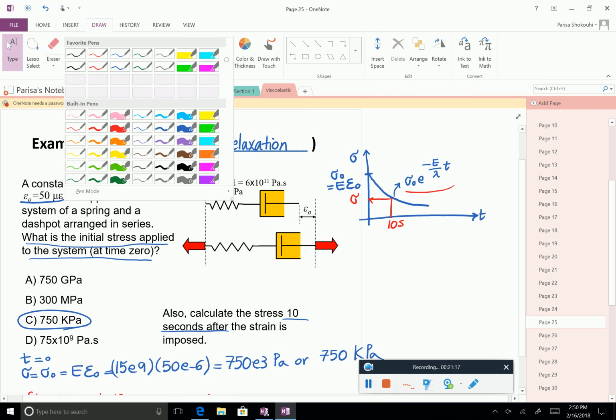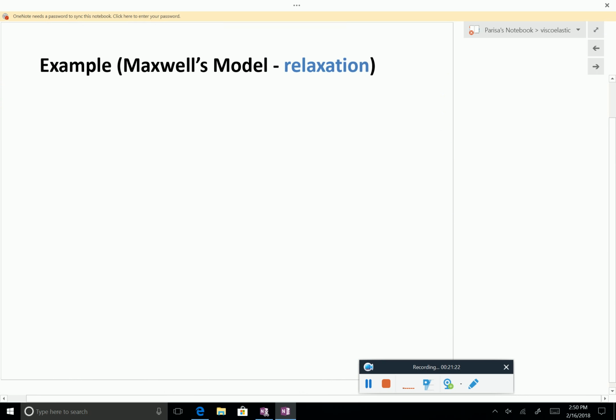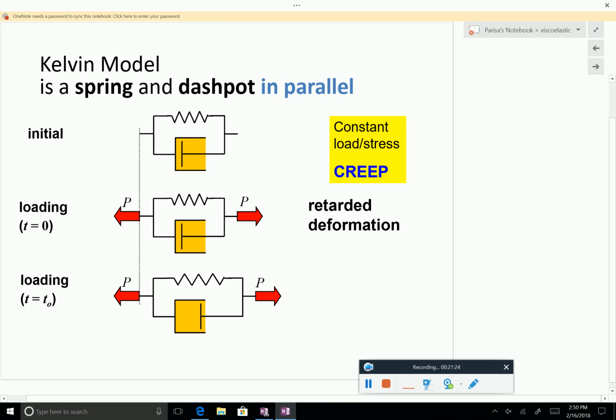So, instead of putting them in series, they're in parallel like that. And we look at the creep behavior, meaning that the stress is constant.